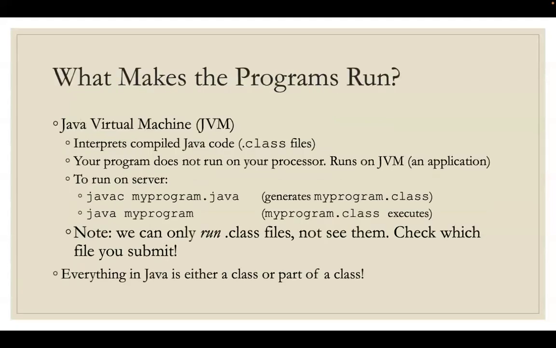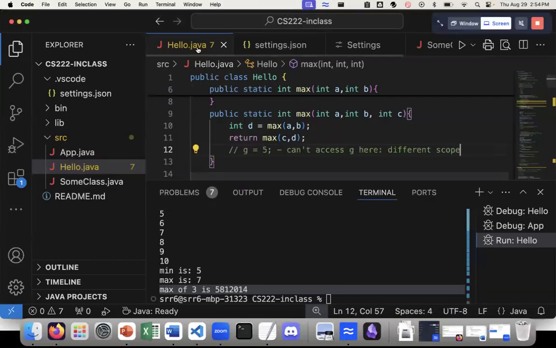All right, so to finish this off, in terms of what makes the programs actually run, we need what's called a Java virtual machine. And so the steps to get there: we've got our Java file, our .java, that's what we're typing in. So we've got hello.java. When this file gets compiled, it gives you a .class file.